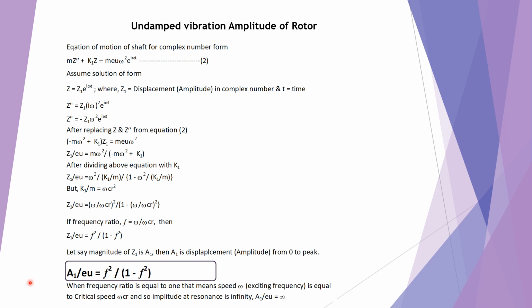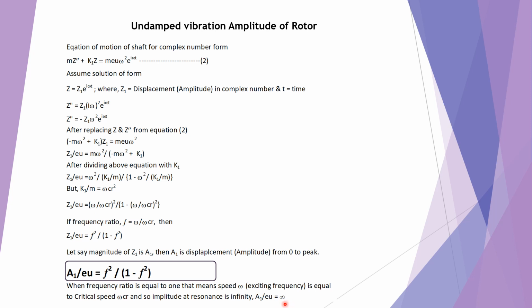So when frequency ratio is equal to 1, that means the exciting frequency ω is equal to the critical speed frequency ωcr, and so the amplitude at resonance is infinite because F is equal to 1.